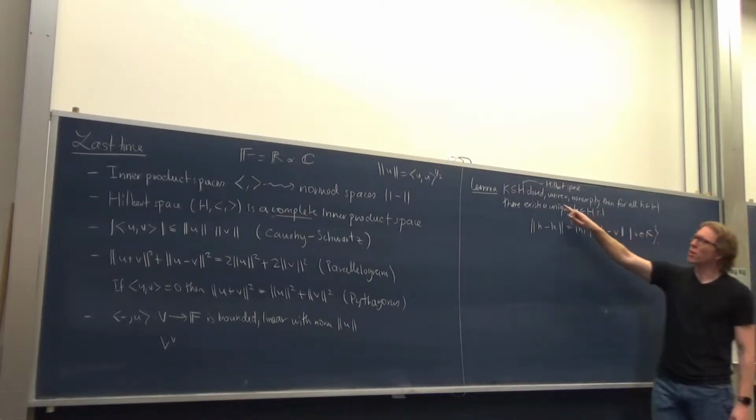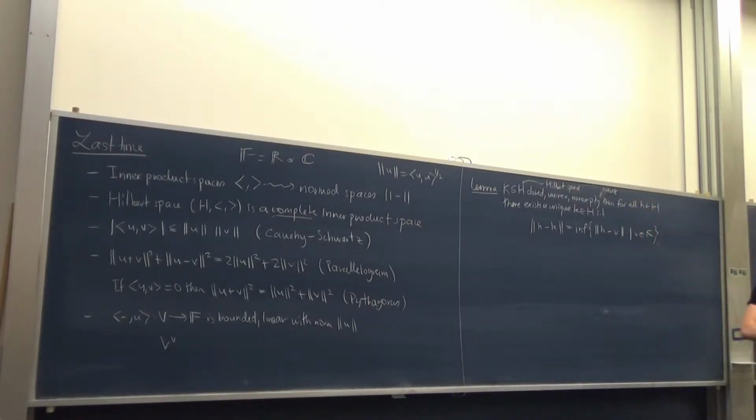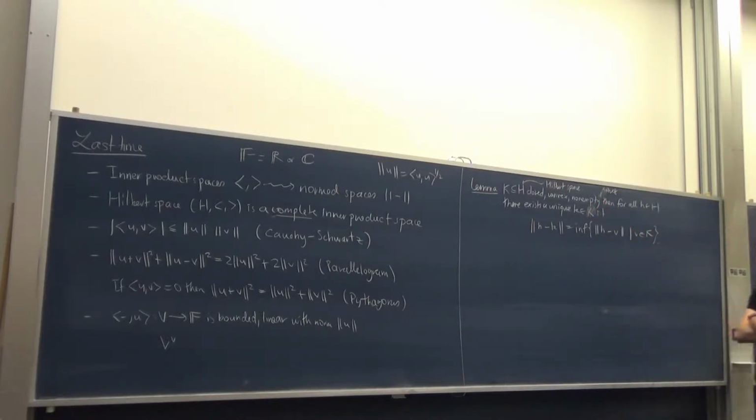So given a closed, convex, non-empty subset, for our applications, it will actually be a subspace. And given a vector in H, then you can find a closest vector in that subspace, closest in the precise sense that's given by that formula. So that's where we ended last lecture.